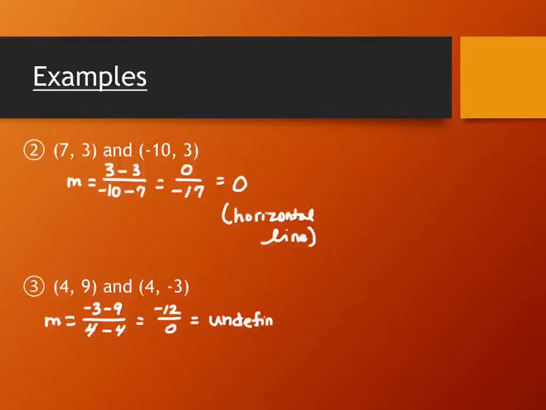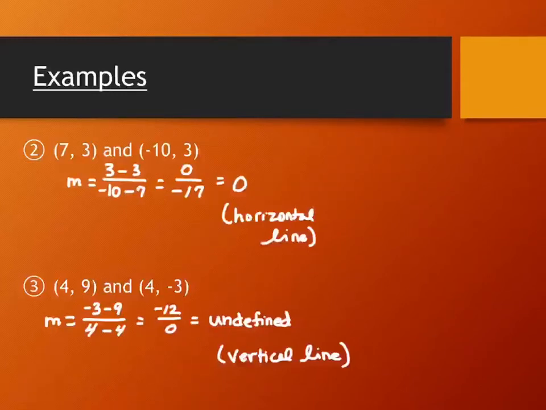Division by 0 is not a quantity that exists. It doesn't make sense to talk about it. An undefined slope means that you have, just like we talked about in the last section, a vertical line. Again, it doesn't ask that on these problems, but when you see an undefined slope, you should recognize that fact.